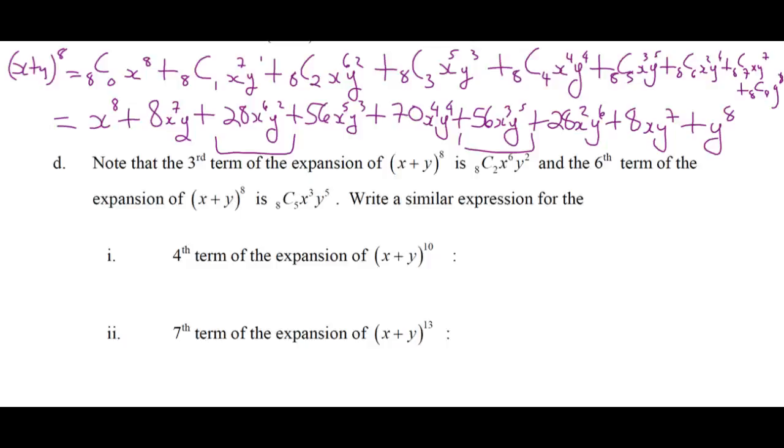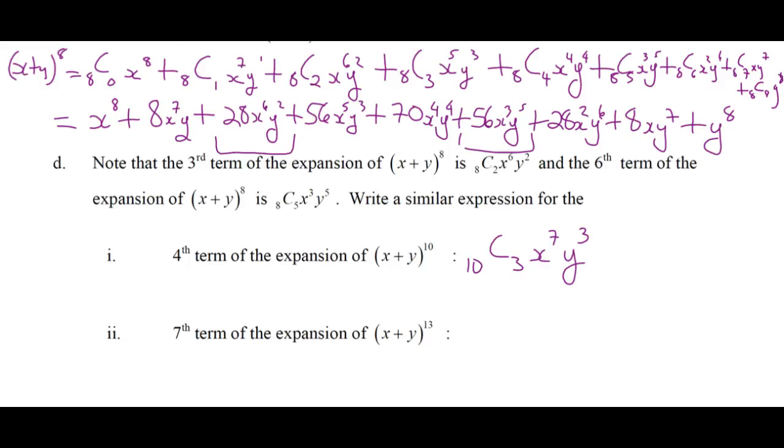10 choose. Now, what's the first term? The first term is 10 choose 0. So what's the fourth term? 10 choose 3 will be the fourth term. Okay, x to the power of what? 6. More importantly, y to the power of what? 7. So it's x to the 7th, y cubed.